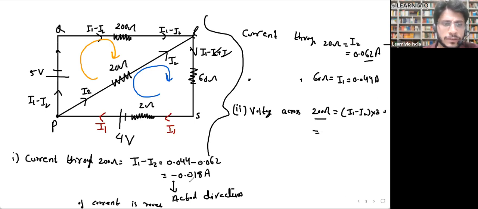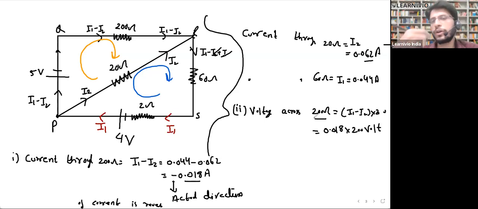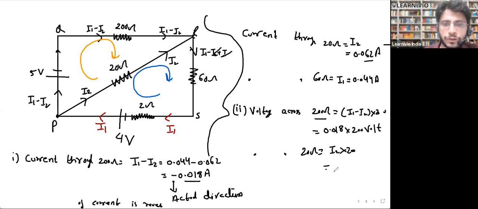How much is I1 minus I2? That's 0.018. There is no significance of putting a negative sign here. 0.018 into 200 volt. Similarly, you can get the voltage drop across each resistor. If you want the voltage drop across 20 ohm, that will be I2 into 20. How much is I2? That's 0.062. Mariam, is it clear? Voltage across each resistor now?